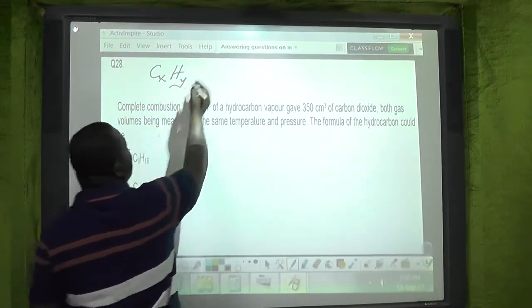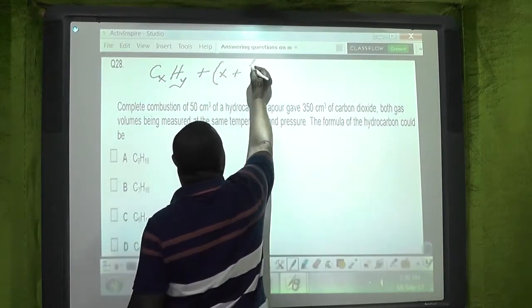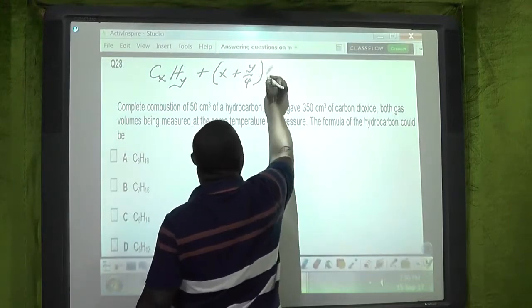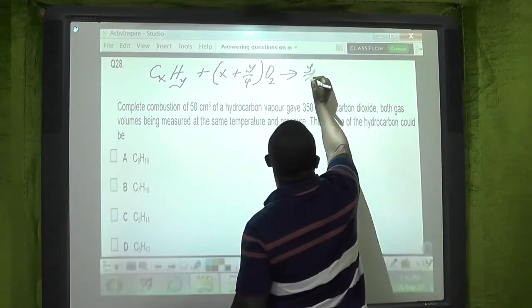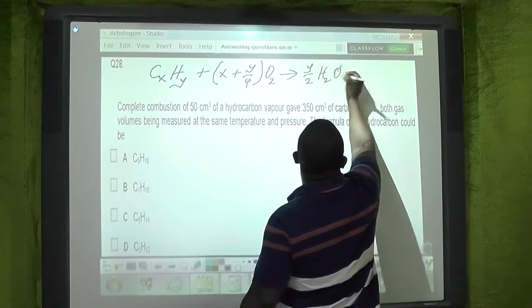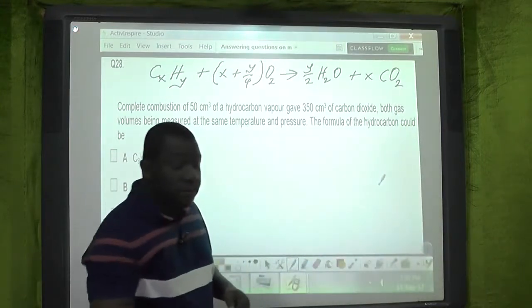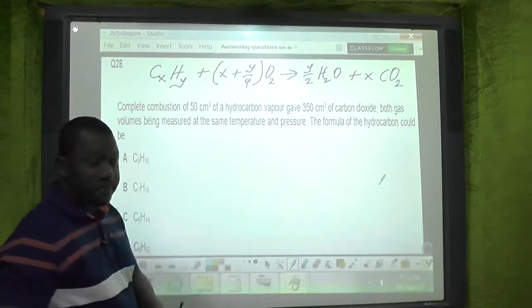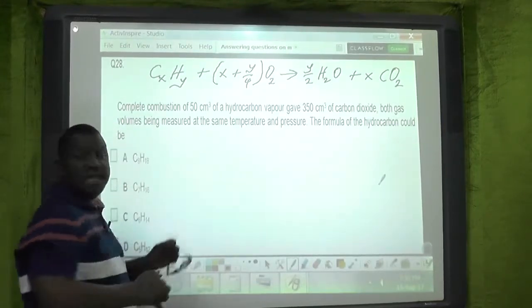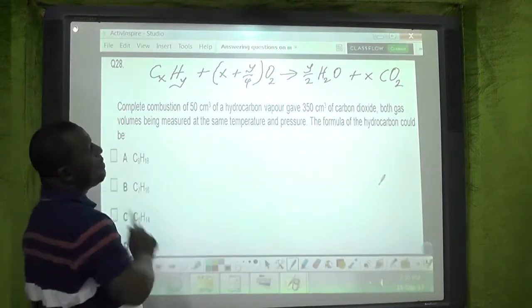Every hydrocarbon must have this. Plus (x + y/4) O2 to give y/2 H2O plus xCO2. I am 100% correct. Please, this equation is very important. If you can remember this equation always, it would give you no problem when you see this type of thing.